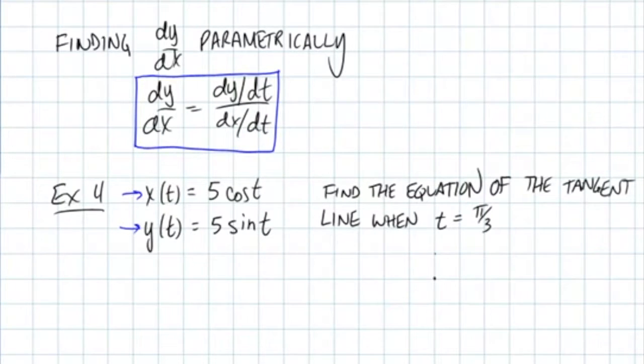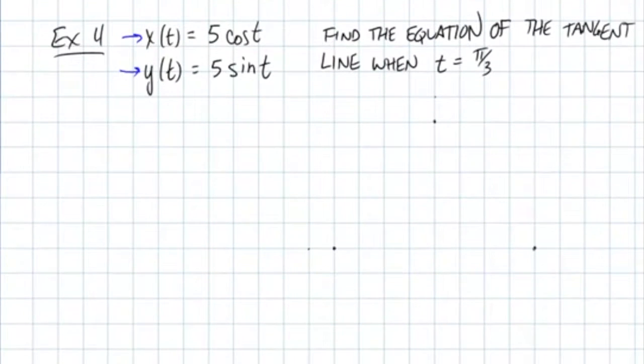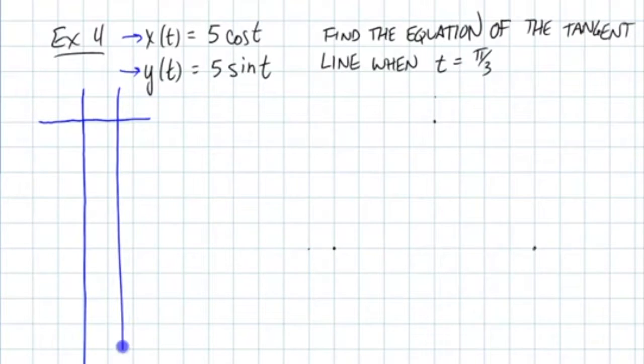Before taking the derivative with example 4, let's first have a quick review of what parametric equations are. In parametric equations, x and y are defined independently in terms of a third variable t. And so if we are plotting points, we have t and x and y.